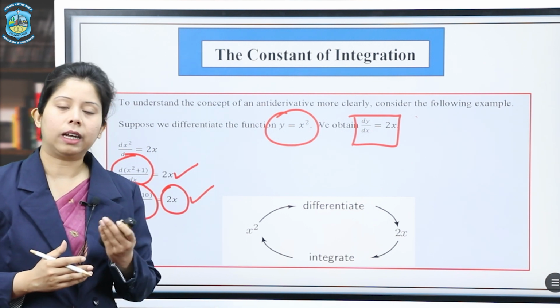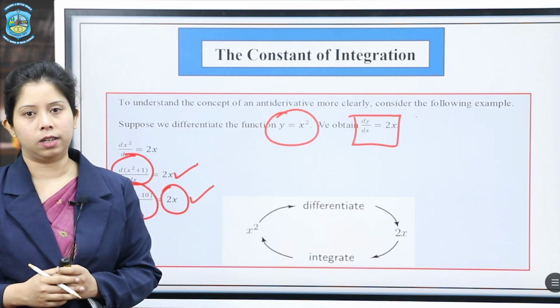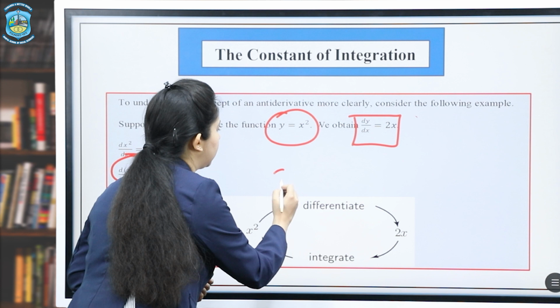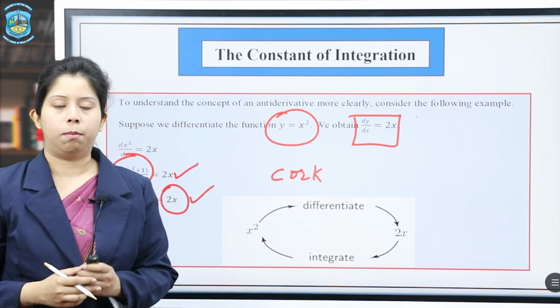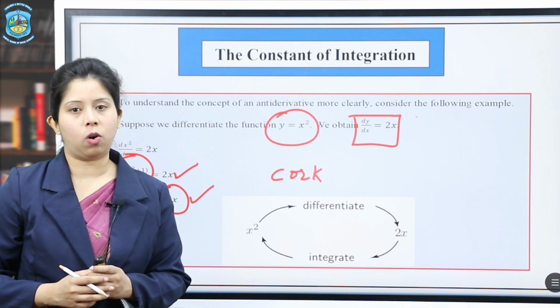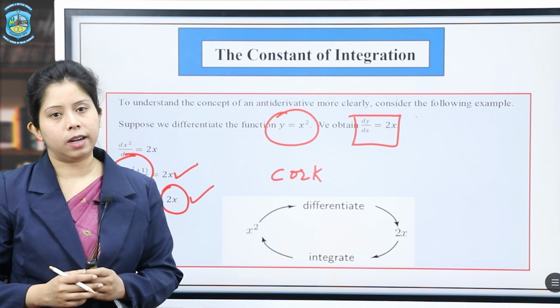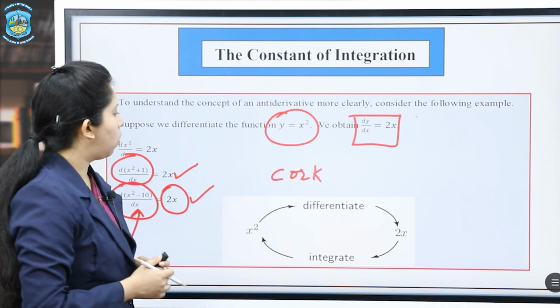Therefore, to get a complete antiderivative of a function, an arbitrary constant, which may be denoted by either c or k or any other symbol, must be added to the result. The arbitrary constant represents the undetermined constant term of the function, which is called the constant of integration.